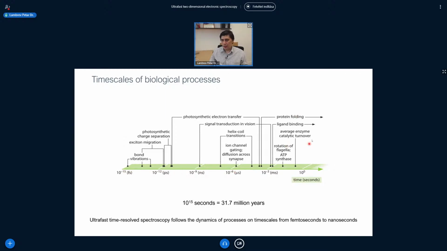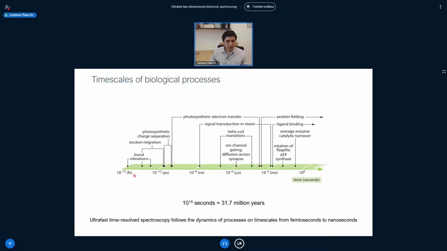You start from enzyme reactions that can go to seconds, but if you go shorter in time, you can have photosynthetic electron transfer, for example, or nerve impulses or ion channel gating that go from microseconds to nanoseconds. Now, it pays to remember that a nanosecond is 1/1000th of a microsecond, very short, obviously, but a nanosecond is kind of an eternity compared to the timescales of photosynthetic charge separation or exciton migration, which happens between femtoseconds and picoseconds.